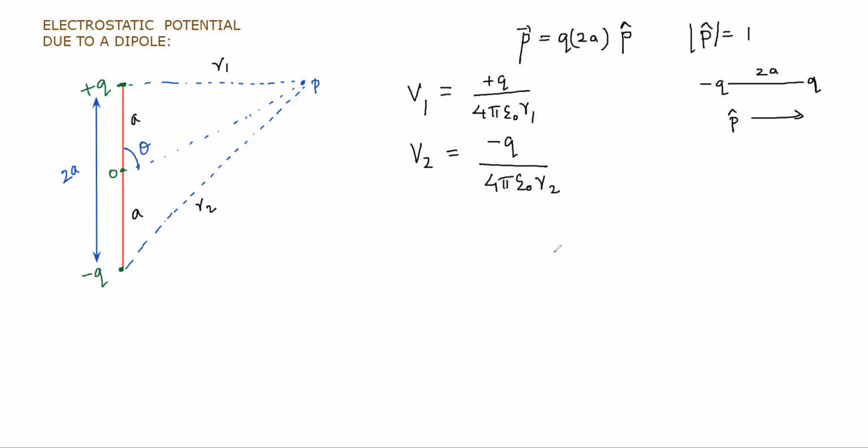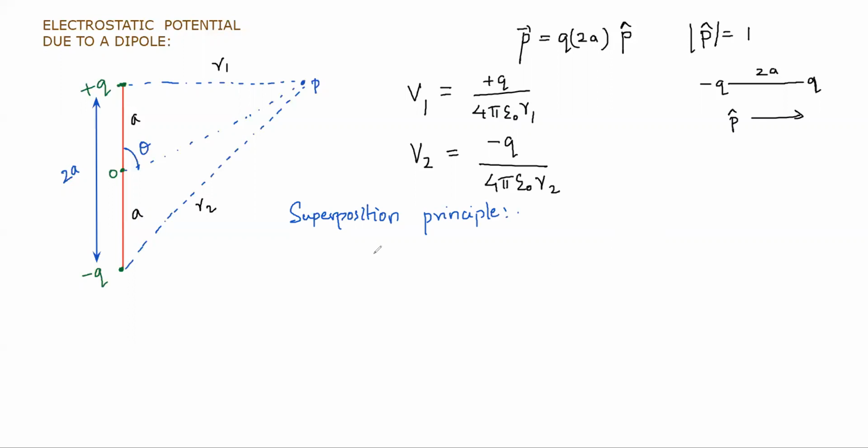When we have more than one charge, in order to find the total potential, we use the superposition principle. This principle is applicable to electrostatic forces and electrostatic fields, and we are applying it to the potential also.